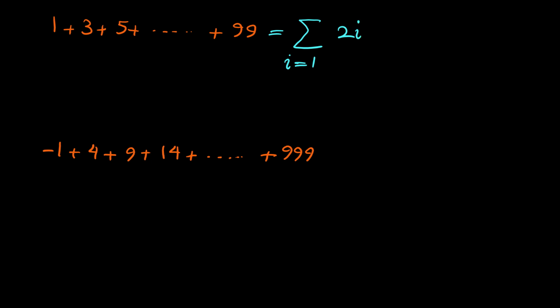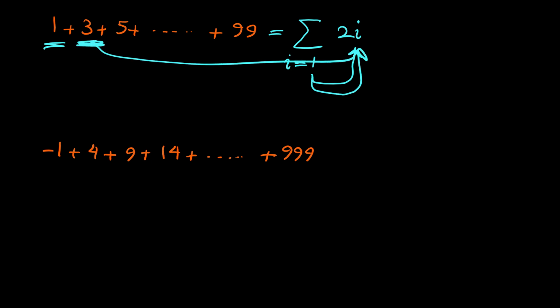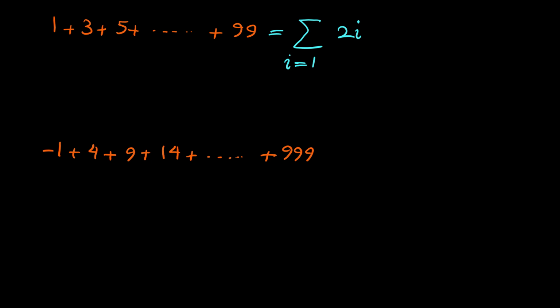But if you write 2i, if you plug in 1, 2 times 1 would be 2, but you want to have 1. And if you plug in 2, then you have 4, but you want to have 3. How can we fix this then? 2i minus 1. This fixes everything. Let me show you why.